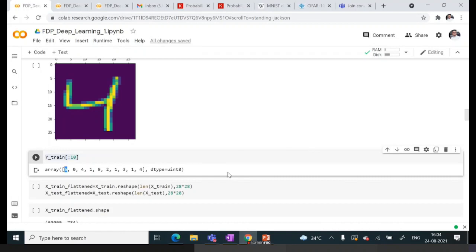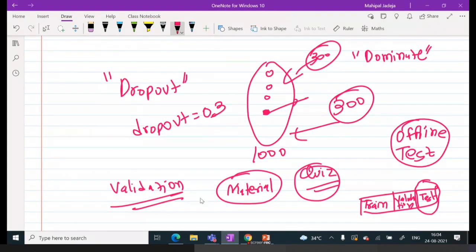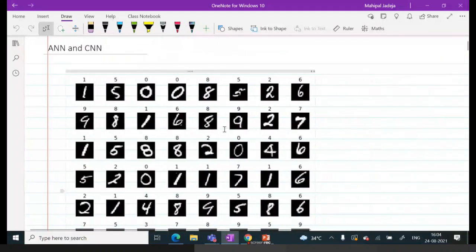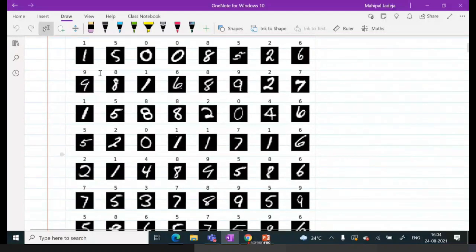Okay. So like I mentioned earlier, this is my data set, and these are the images, and corresponding to each image, in this particular case, we are talking about X train, Y train. In X train, this image will be there.